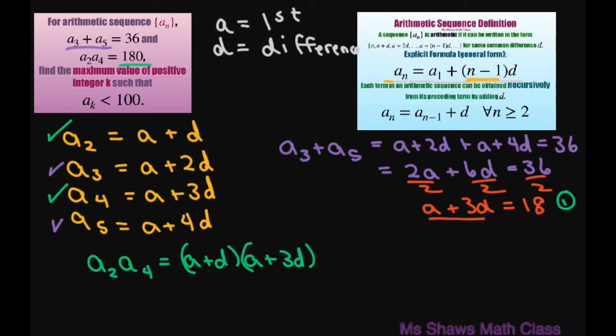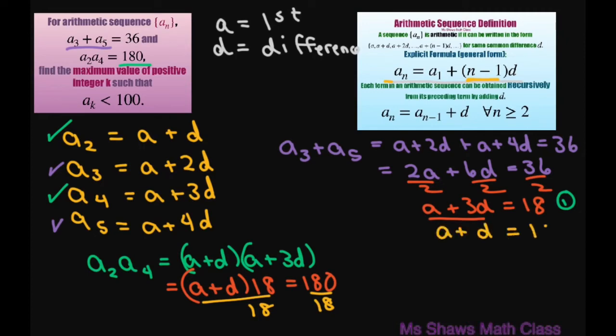A plus 3d is 18. So this really is a plus d times 18, and this equals 180. So if you divide everything by 18, we're going to get a plus d equals 10. I'll call that equation 2.